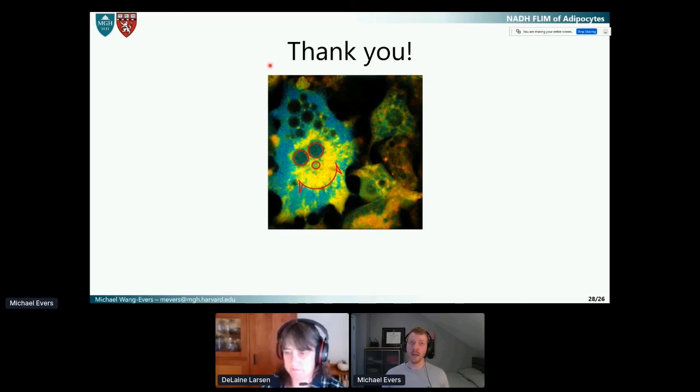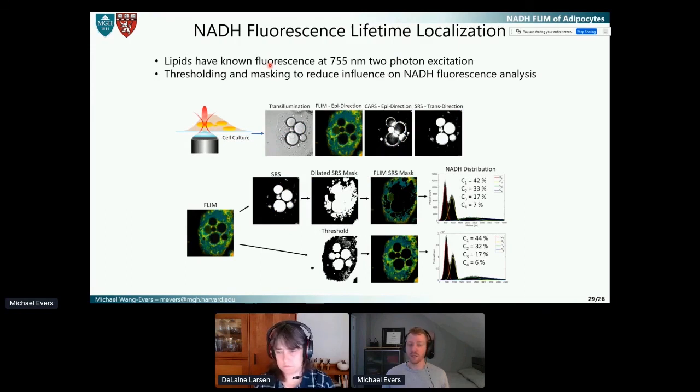So about the lipid droplets, there have been a couple of papers that show that the lipid droplet itself has a fluorescence lifetime in that range. So what we did, we always excluded the lipid droplets from our analysis. Here's one slide showing how we did that. We used SIS and CARS to really show where the lipid droplets are in the cell.